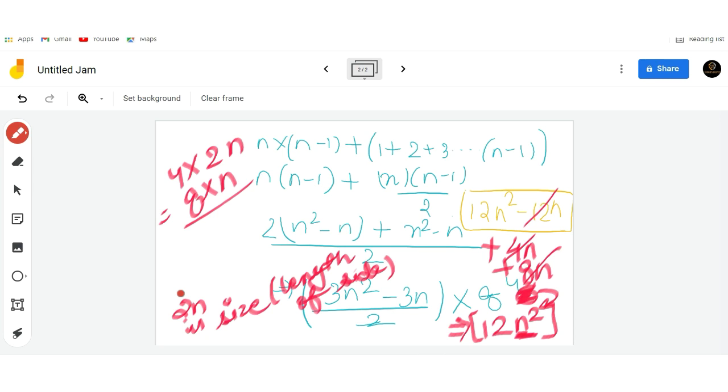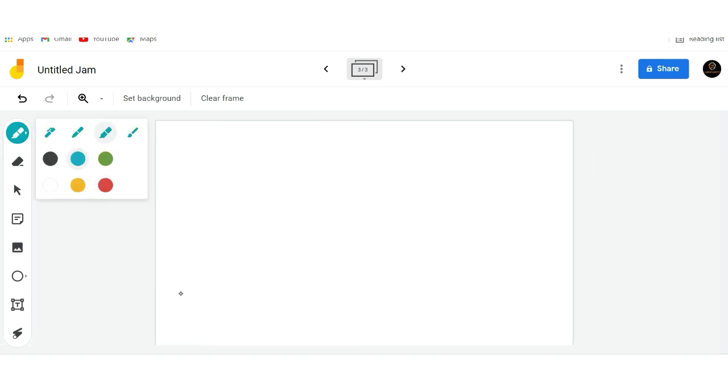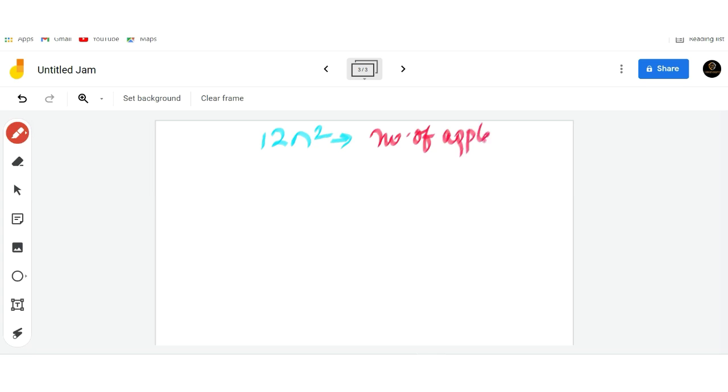Here one more thing to note is, if your n is 2, then the number of apples will be 12 into 1 square plus 12 into 2 square.